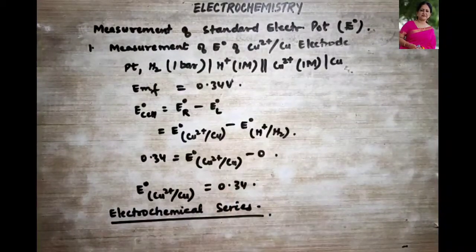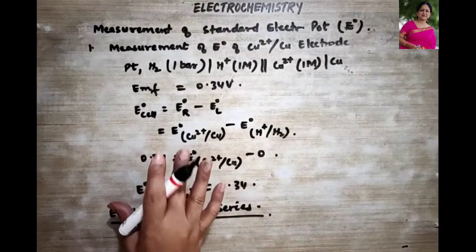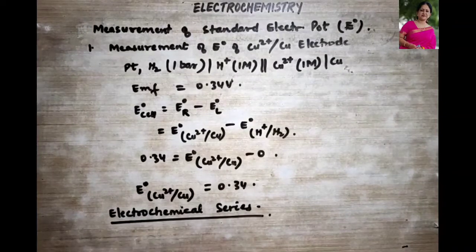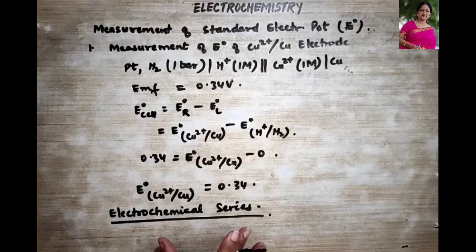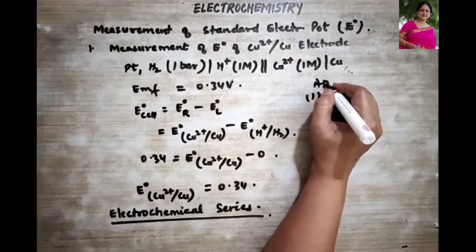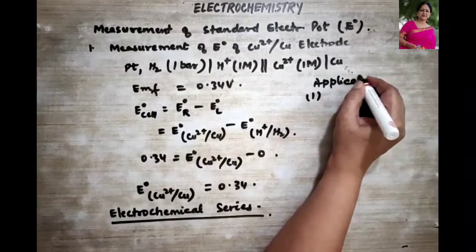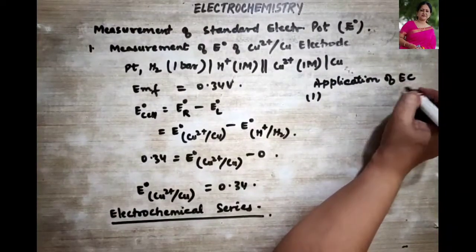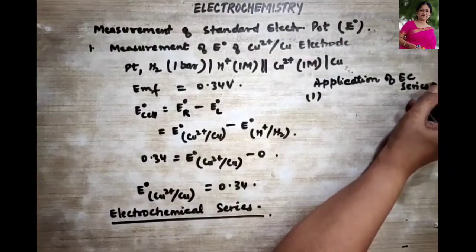I repeat, the arrangement of various electrodes in the order of the increasing values of the standard reduction potential is called the electrochemical series. Now what are the applications of this electrochemical series is what we need to understand. First point, the applications. I'll write it down over here. Applications of the EC series, right?